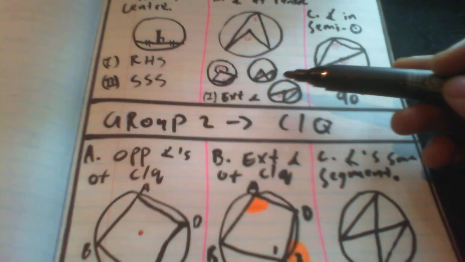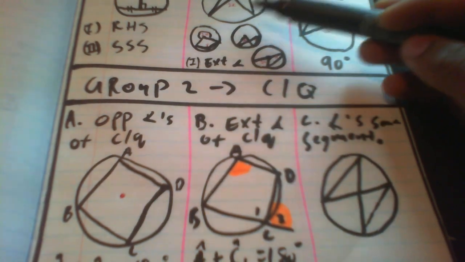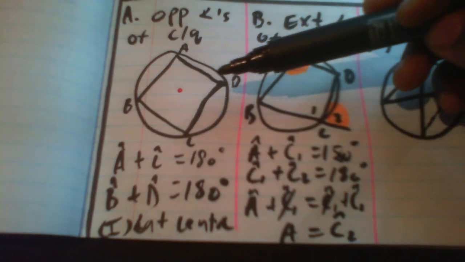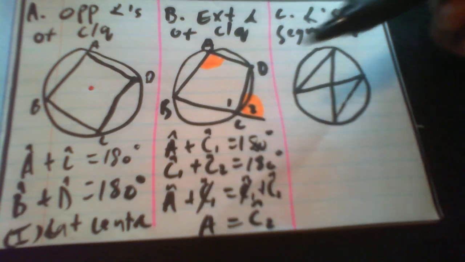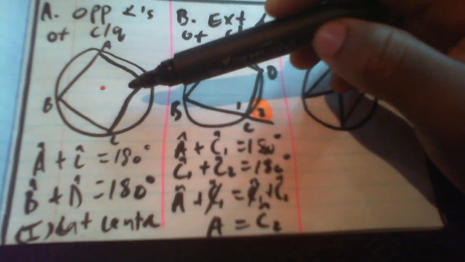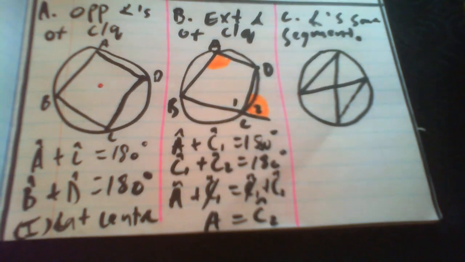So it's quite important to understand angle at the center, because of angle at the center is twice angle at the circumference, we can prove angle in a semicircle, we can prove opposite angles of a cyclic quad, we can also prove exterior angle of a cyclic quad from this one, which was proved using angle at the center is twice angle at the circumference.